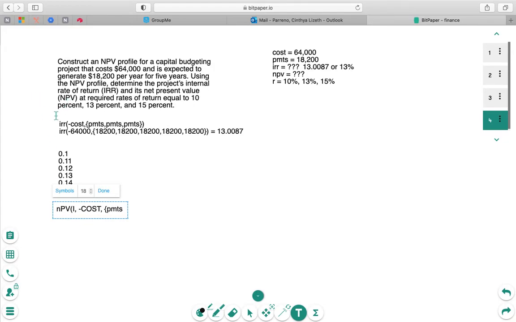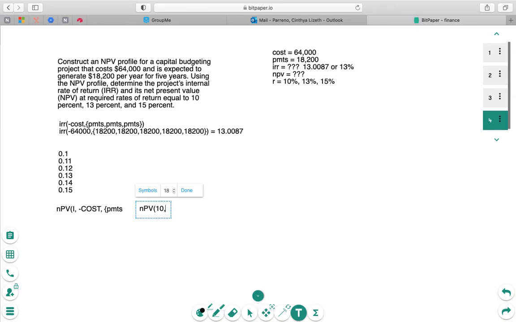It's the same thing as the IRR, except now you have your I or R at the beginning. For 0.10, it's going to look like NPV, comma, 10, because you do it by percentages. I made the mistake of doing 0.1, which gives you a really weird number, so make sure you're using the percentage number.